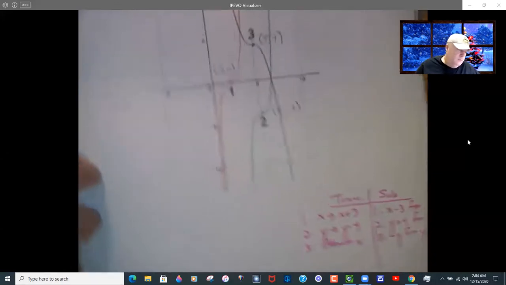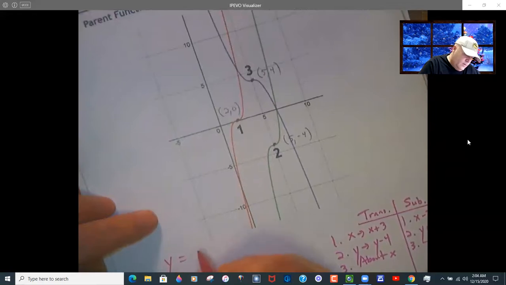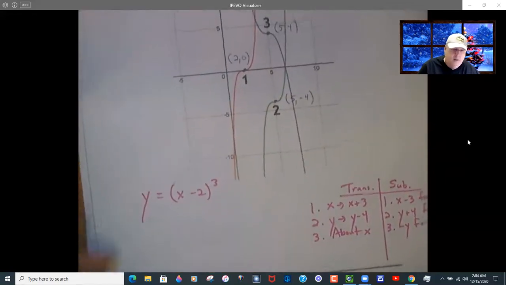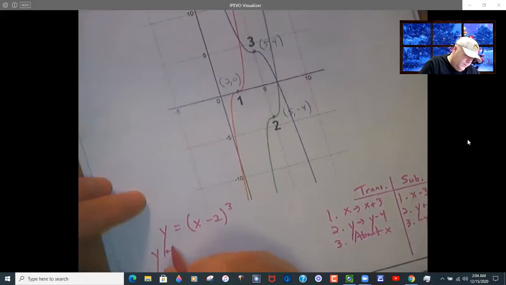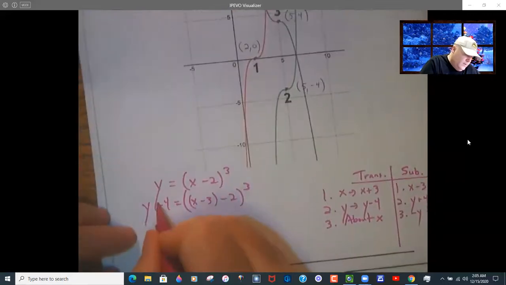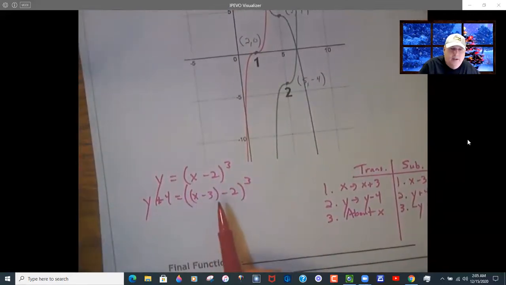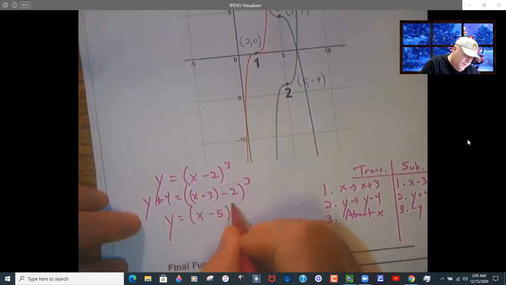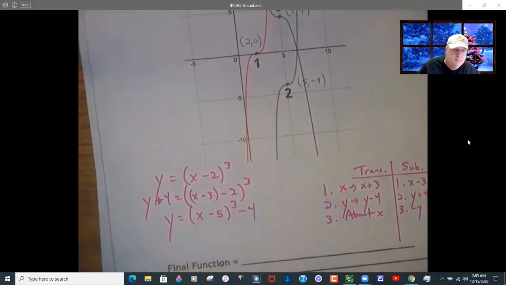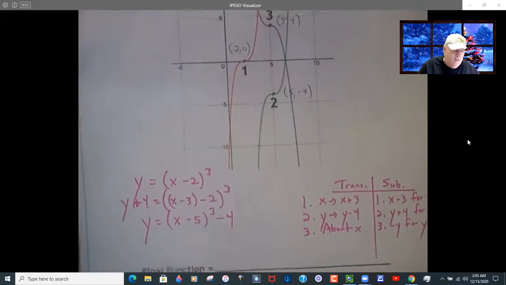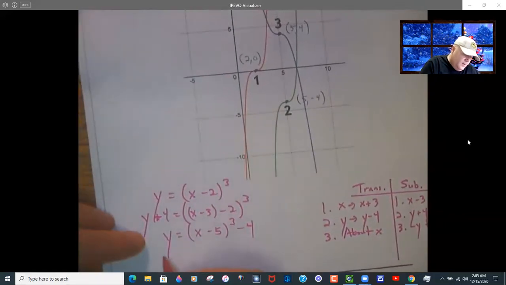All right, so starting with this, we have a cube function. I'm going to put the y plus 4 in and then the x minus 3 in together. So we need to solve for y and simplify. So there is some simplifying we can do. That becomes x minus 5. And then minus the 4 over. Really, this ends up being pretty easy once you stay organized.